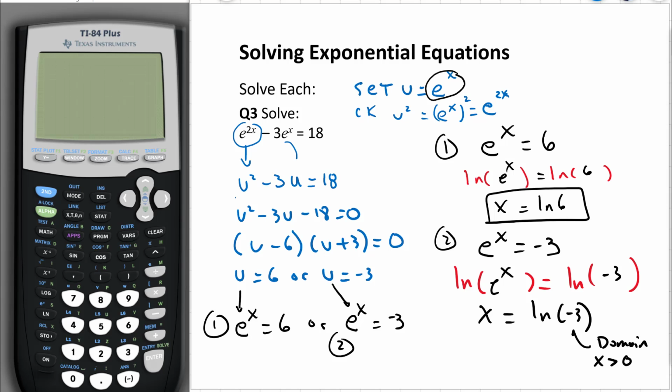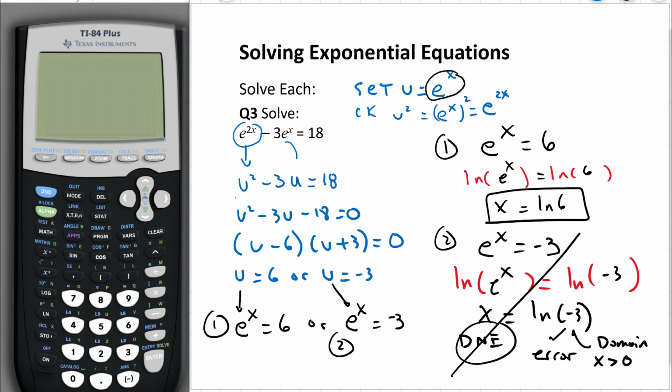And you put that in the calculator and you're going to get an error. So whether we do this intuitively or algebraically, we're finding out that this one does not exist. So I don't have a solution to this equation. I only have one. And it turned out to be the natural log of 6.